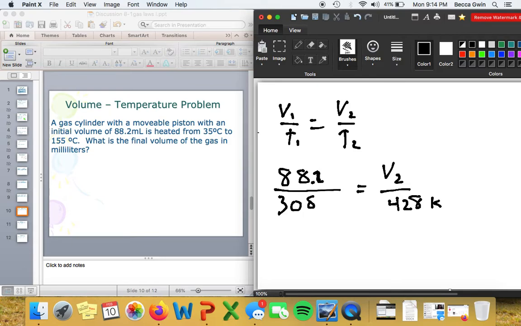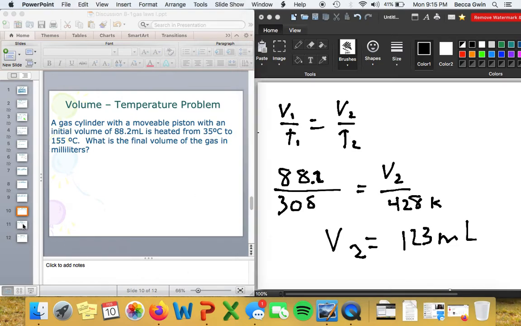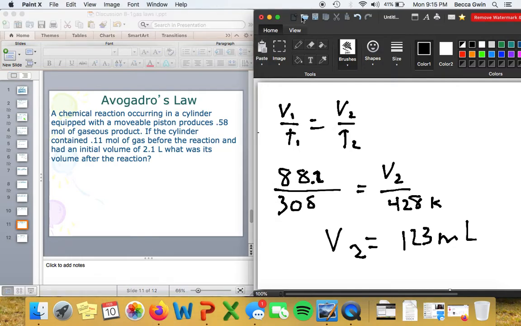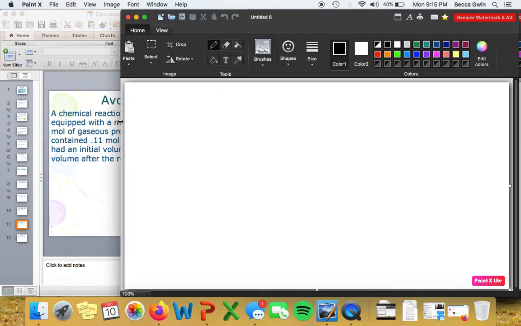Again, cross multiply and divide by this value. You get a value of V2 equal to 123 milliliters. Therefore, again, proving that when you increase your temperature, you've got to increase that volume as well if your pressure needs to stay the same, which in this case it does.